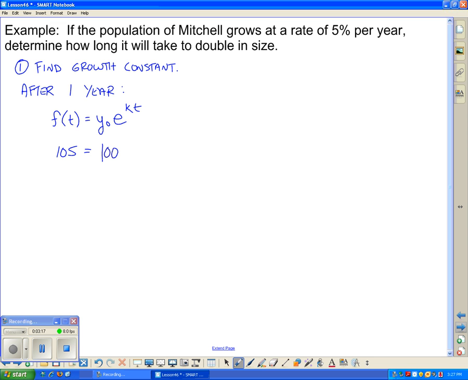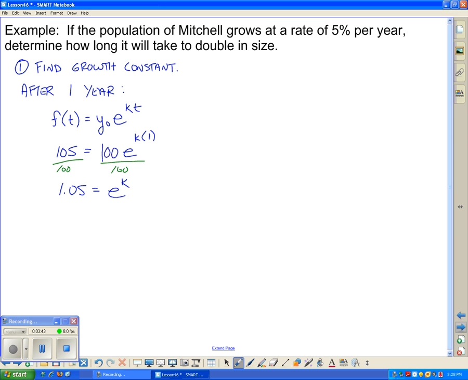The bottom line is you can pick any value you want for the initial amount, because it's just going to end up being the 5% there. We're looking for k, and the other reason we pick 1 year is the t value goes to 1. So dividing both sides by 100, it's always going to be 1.05 equals e to the k.